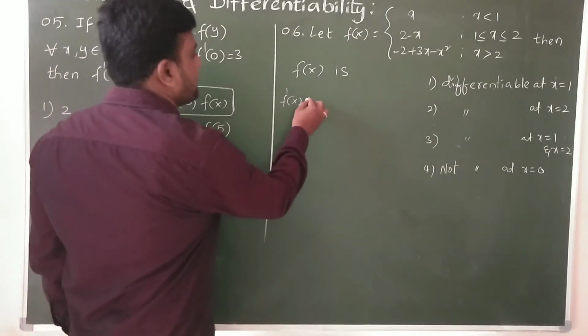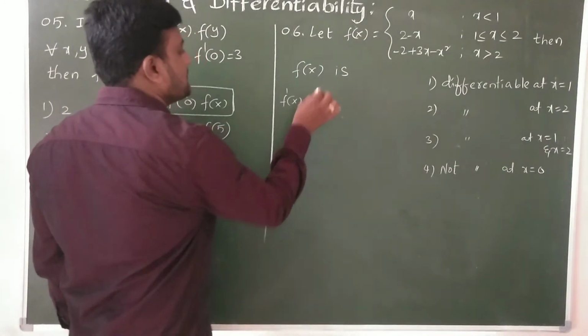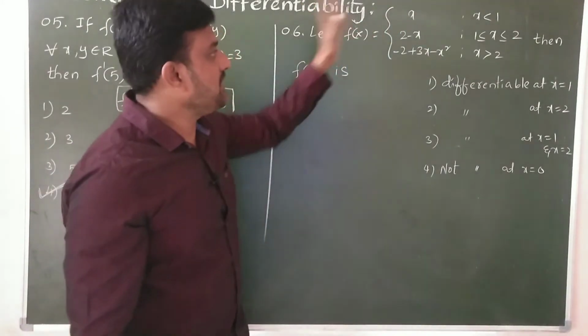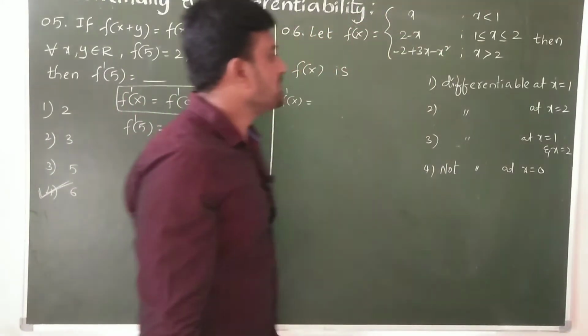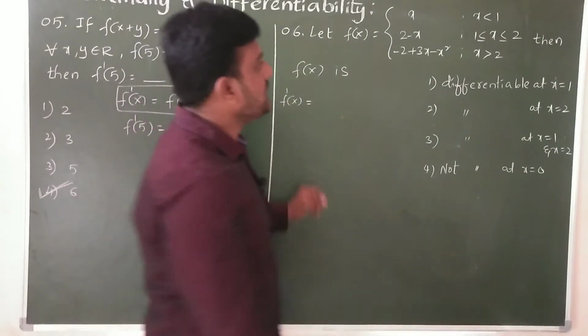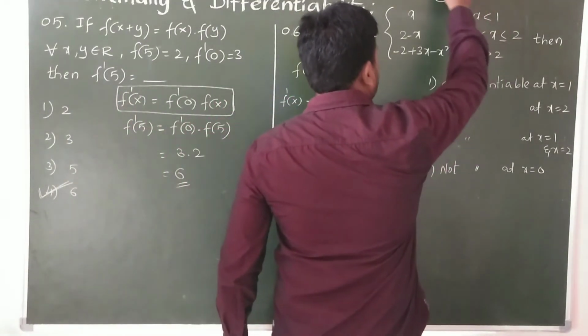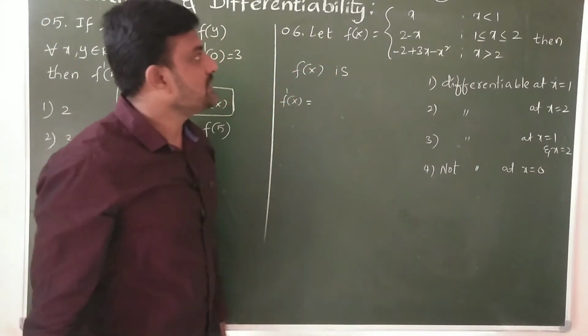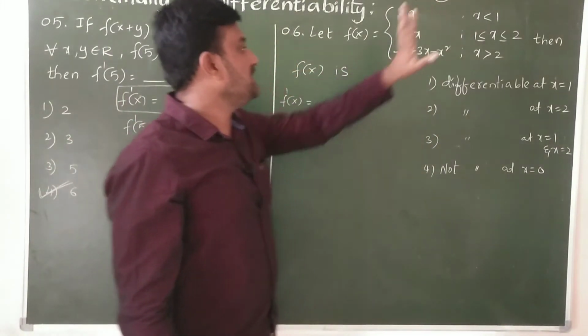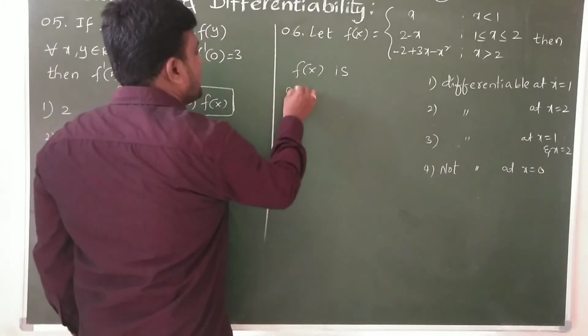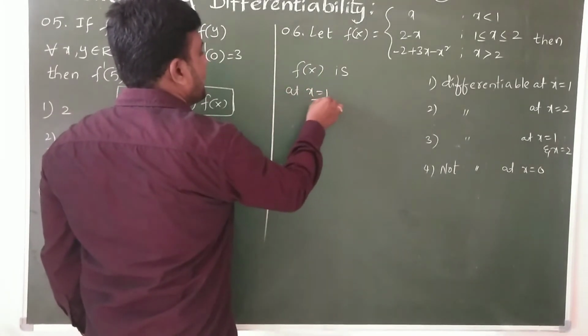Okay, let us observe f dash of x, when x less than 1. First of all, we have here two limiting points, 1 and 2, yes or no? Here we have 1 and 2. First of all, we can check f dash of x at x equals 1.